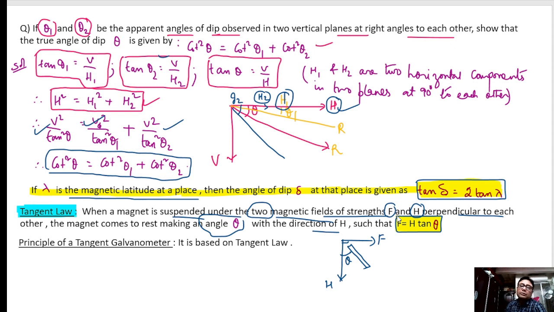This is the tangent rule. F and H are two magnetic fields.